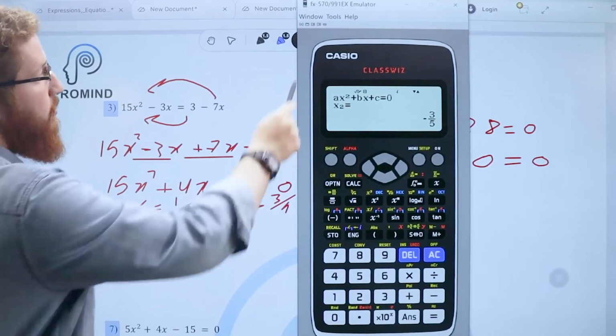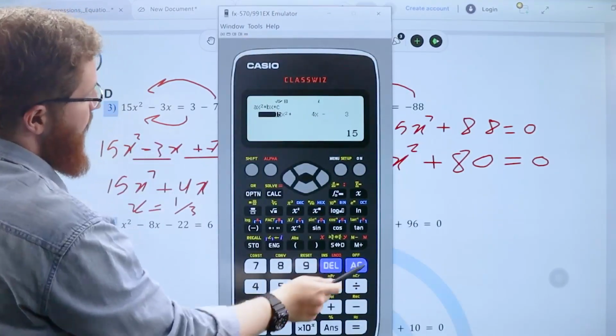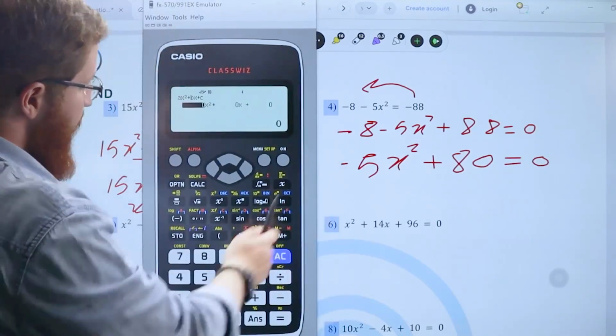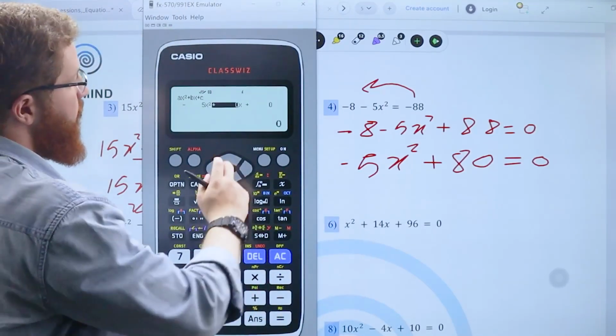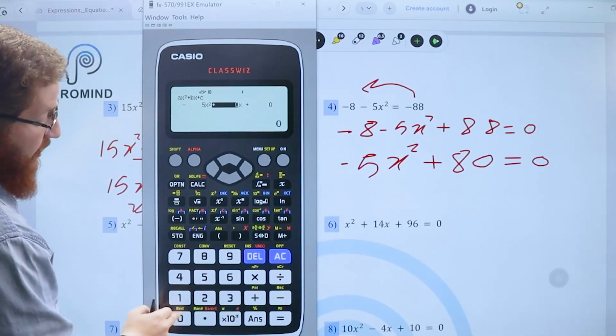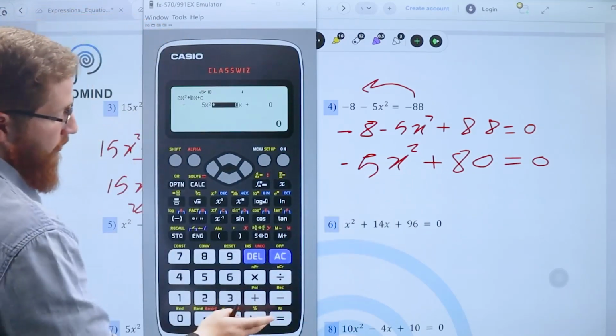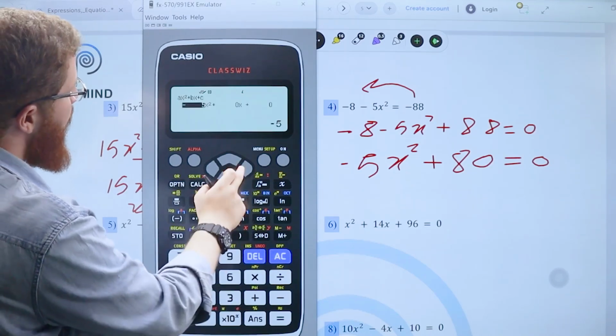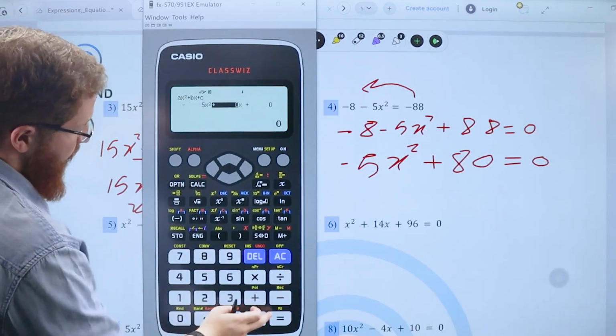Now using the calculator, AC, the coefficient of x squared is minus 5 equals, the coefficient of x is 0. I don't have any x here. Okay, no, wait a minute. The coefficient of x is 0.